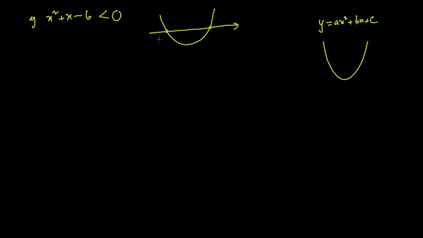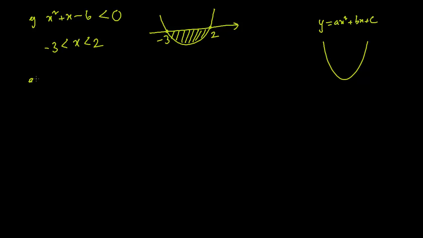We already found the critical values, one is minus 3 and the other is 2. So less than 0 would mean the region below the line, this line is y equals 0 or the x-axis, and above the parabola. So it would mean an enclosed region, and we can write it like this: minus 3 to 2, the critical values.